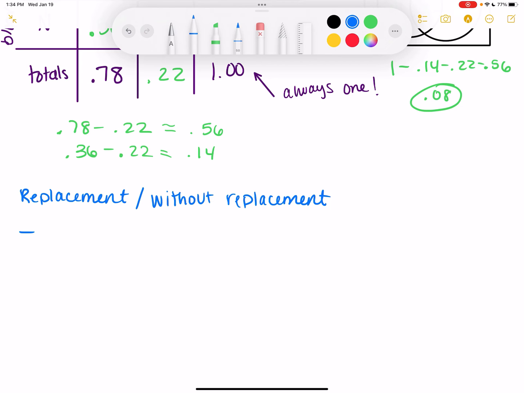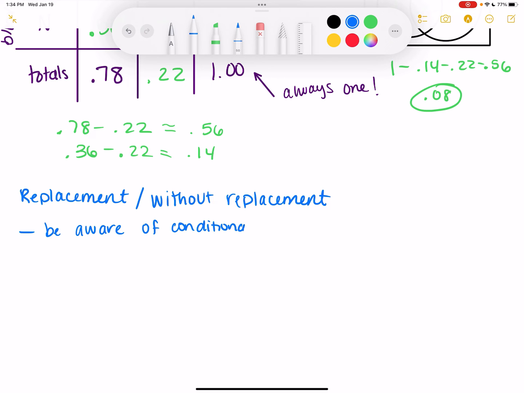All right, so we can also have a replacement or something where it's without replacement. I already know replacements and single replacements. Be aware of conditional probabilities.